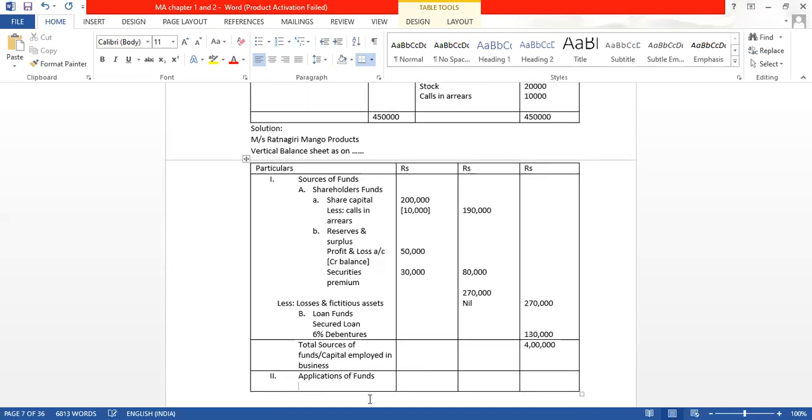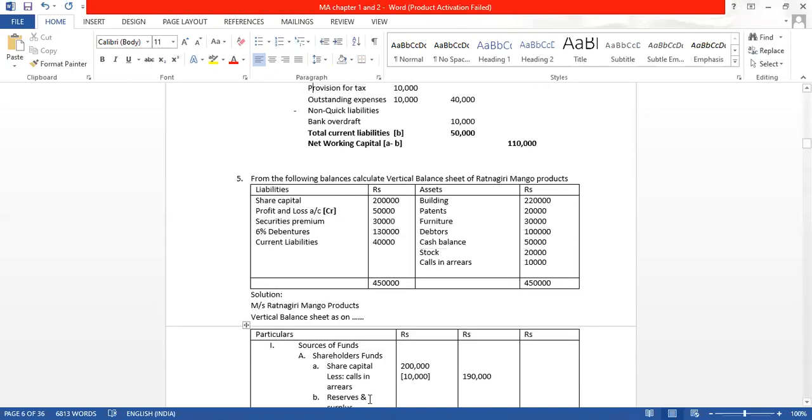Whatever amount we have got from the shareholders and from loan fund, how have we utilized that amount? Generally, whatever money we get from the sources, we use it for fixed asset purchase, for investment, and then lastly for working capital, the day-to-day running of the business. So let us check in the question.